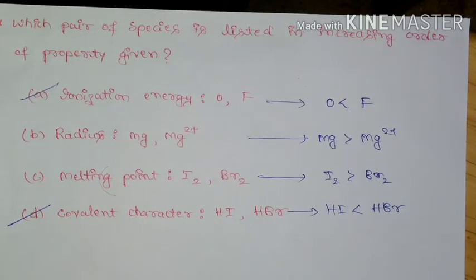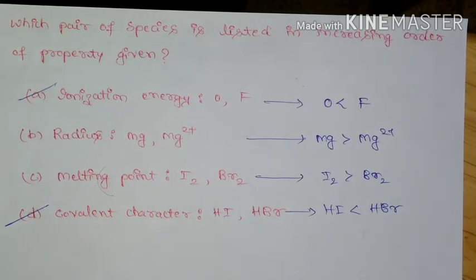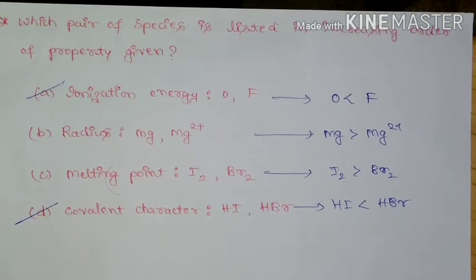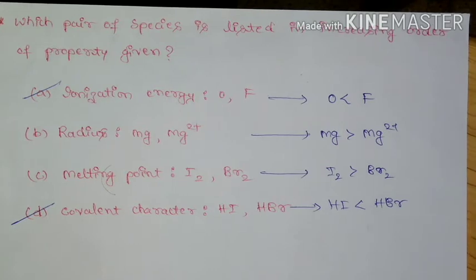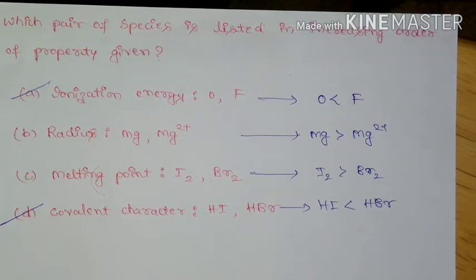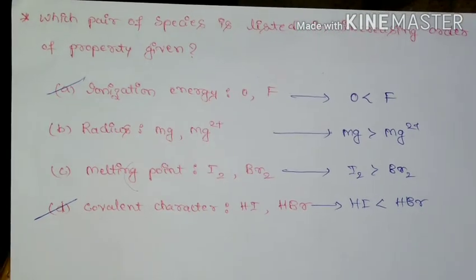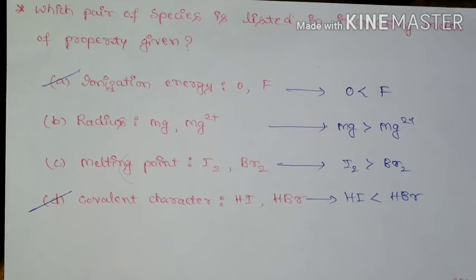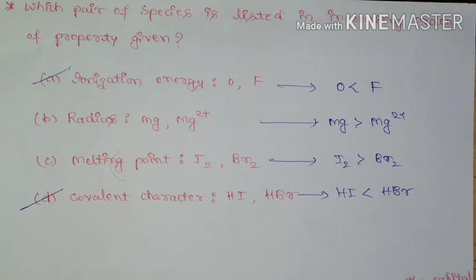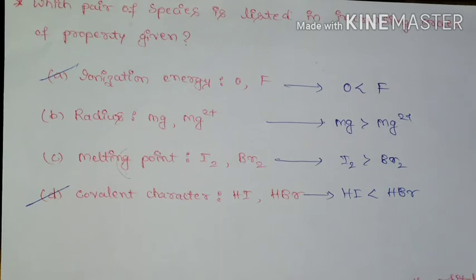And melting point, iodine is having greater melting point than bromine. And if you come to covalent character, HI is having lesser covalent character than HBr. So here the question is regarding increasing order. So option A and D both are correct, because ionization energy will increase from oxygen to fluorine, and if you see the covalent character, it also increases from HI to HBr.